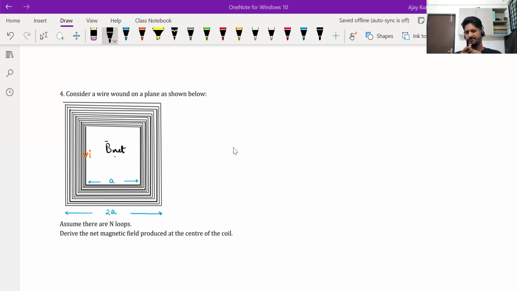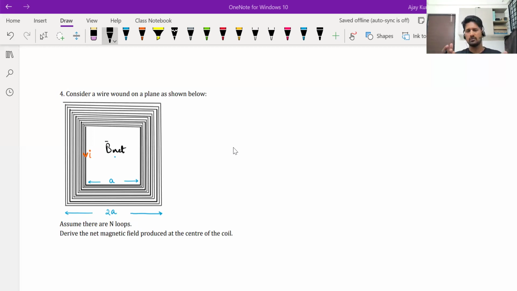See, it's a coil, fine. But can you think of it as a collection of some systems whose magnetic field we already know? What does it look like? A collection of square loops.